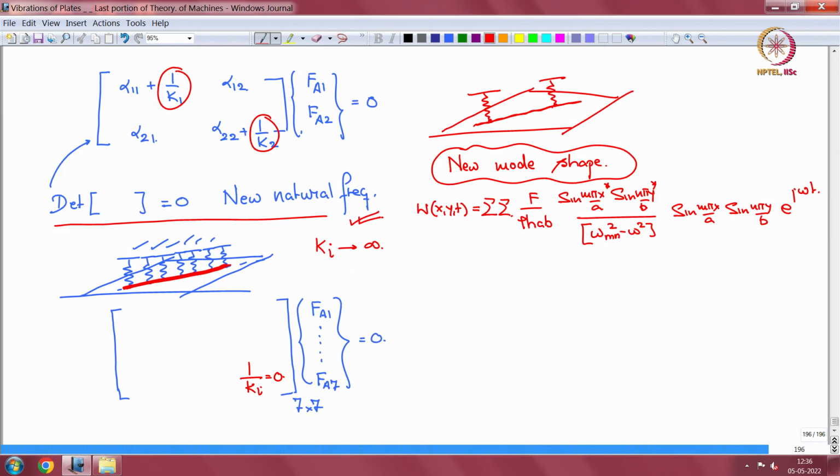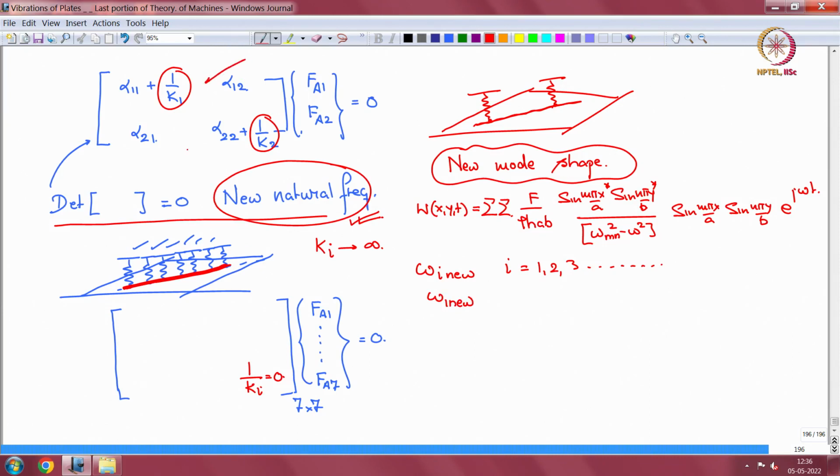Suppose I found a new set of natural frequencies for the 2 spring connection, which are omega I new, I going from 1, 2, 3, etc. Now, if I find omega 1 new and I substitute it in here, then the determinant goes to 0.